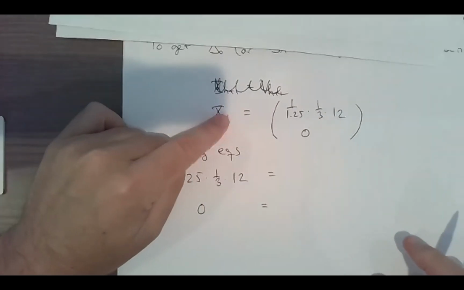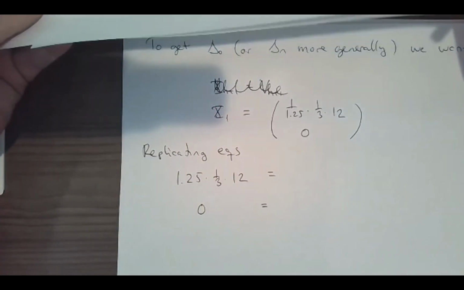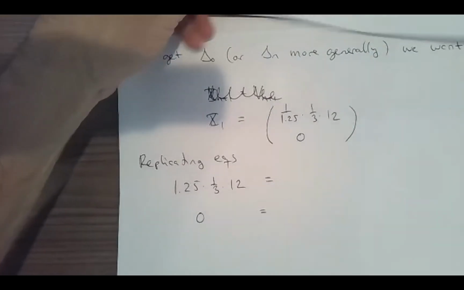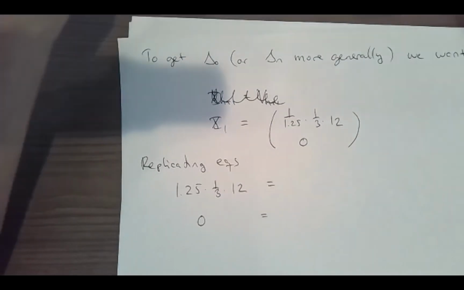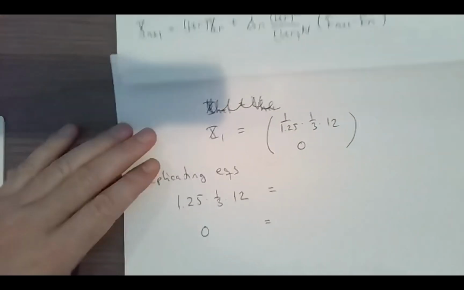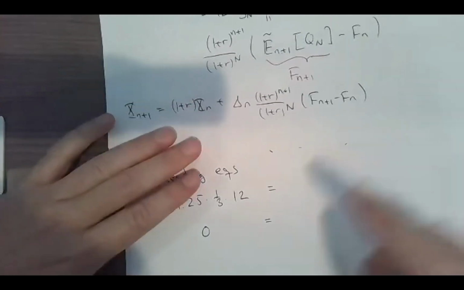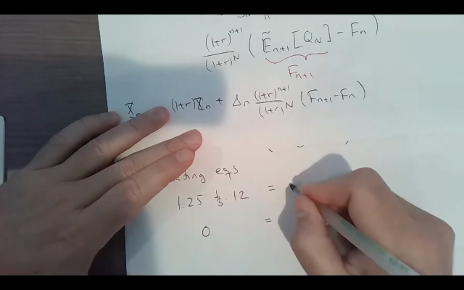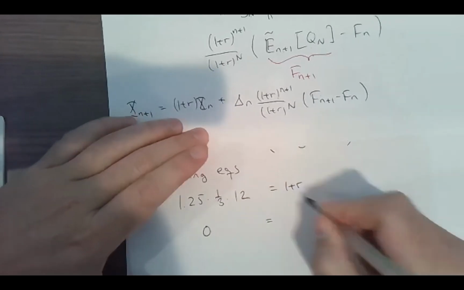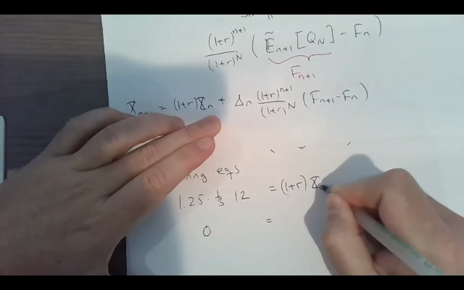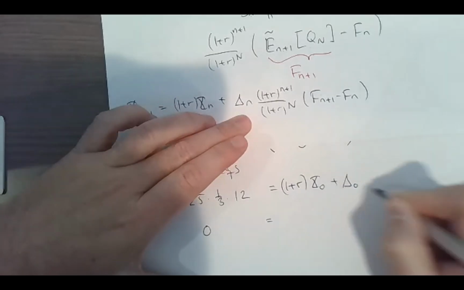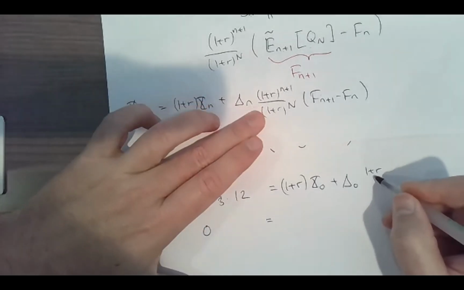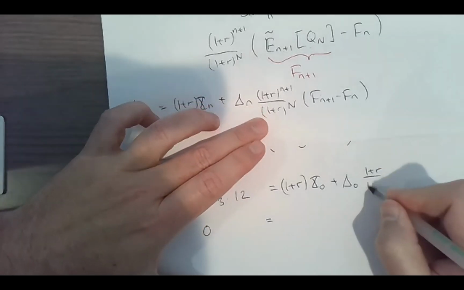Plug in what x1 is. That's the formula. So x1 is 1 plus r times x0 plus delta 0 times 1 plus r, divided by 1 plus r.